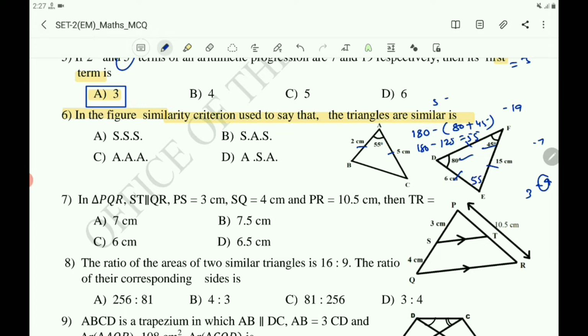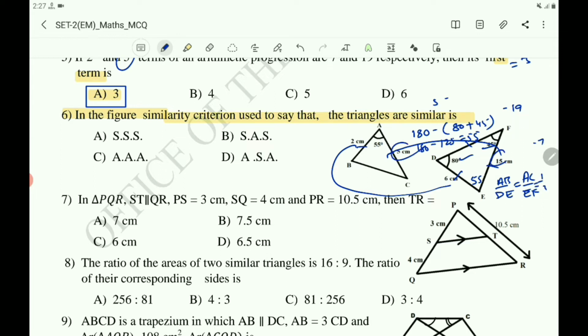Then you can say, see, 2 threes are 6. So AB by DE and AC by EF are both equal to 2 by 6, which means 1 by 3, and 5 by 15 means 1 by 3.